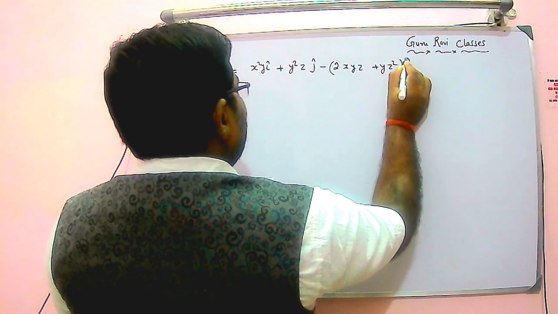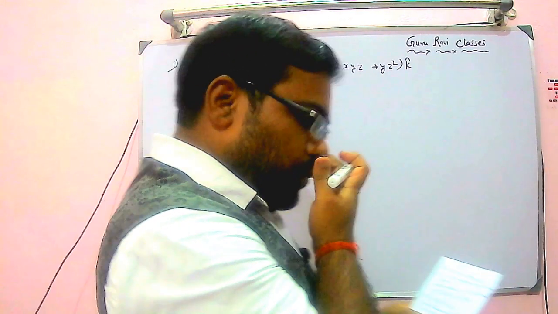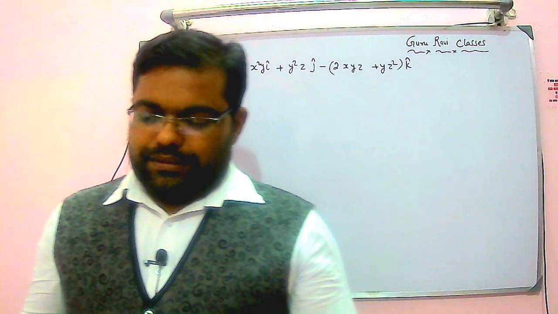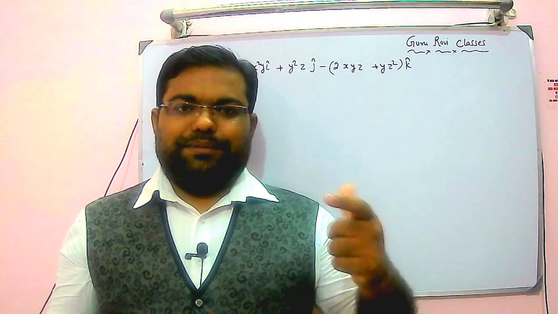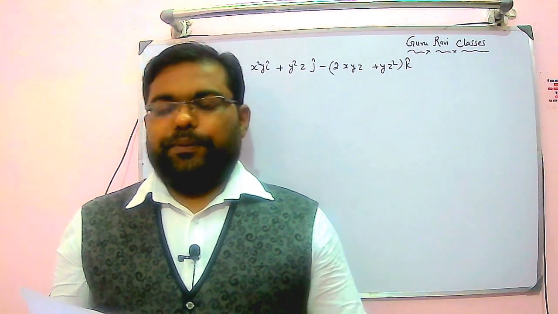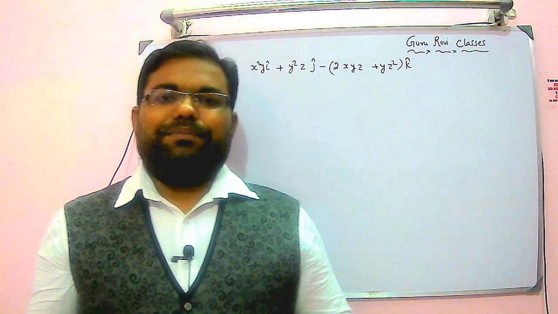This is the velocity vector which is given for the first numerical problem. Prove that it is a possible case of steady incompressible flow. This is the first part of the problem. Also, make calculations for the velocity components at the point.